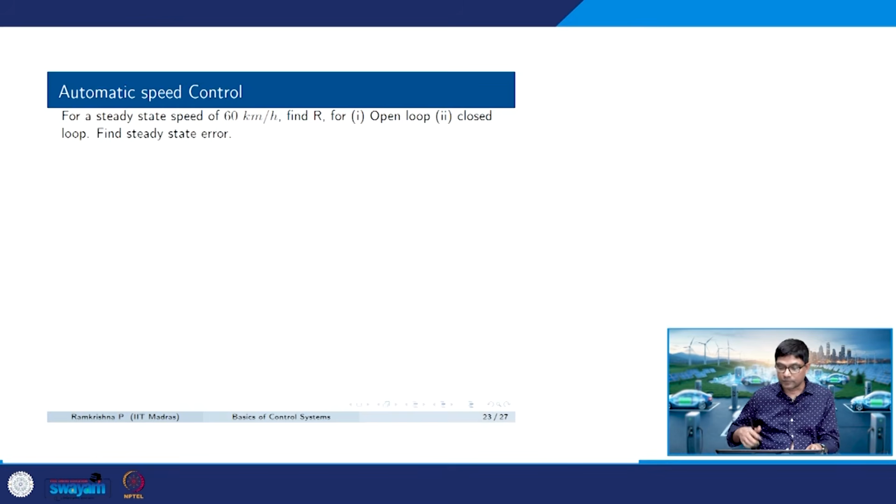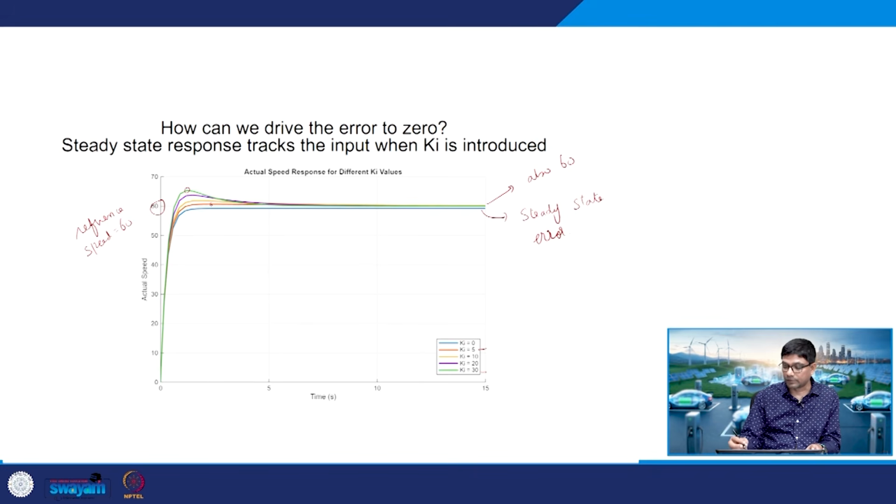So I have K1 plus Ki by s, and for different values of Ki you see a slightly different transient response, but the steady state remains constant at 60. Okay, this is nice. So I had a certain error and I could eliminate that.